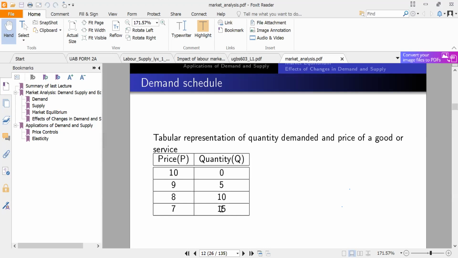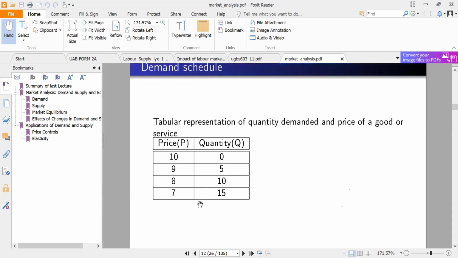So we'll say that the demand for a good in terms of price is inversely related. The higher the price, the lower the quantity that you demand. This you should keep. If the price of a good is very high, all things being equal, you buy less. So this is demand presented as a schedule.